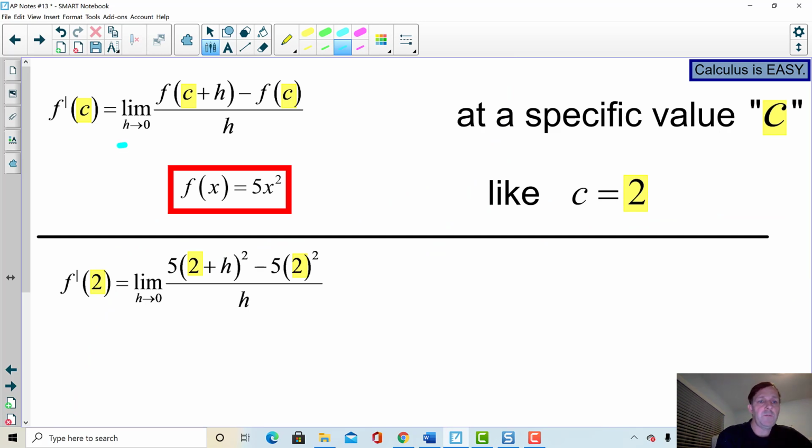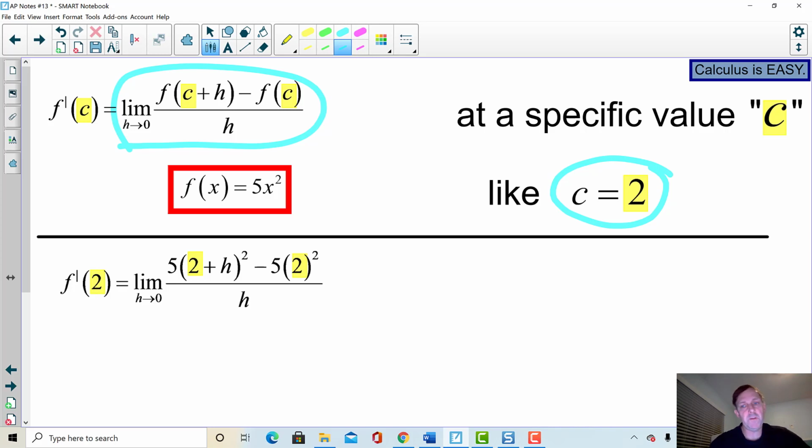Okay, if we use this formula, we're going to plug in a specific value of c, so we're only going to know the slope when x is 2, because our c value is 2. So we'll write it as f prime of 2, and that'll be the slope when x is 2. And the first formula we used had an x here, and this formula has a 2 here. So when we're done, we're only going to know the slope when x is 2.